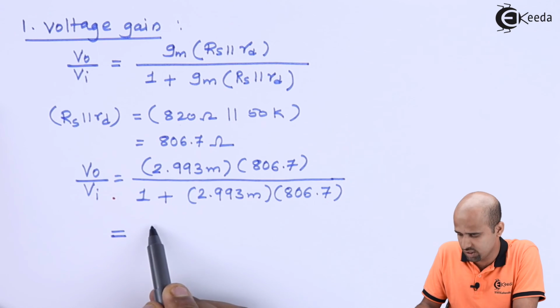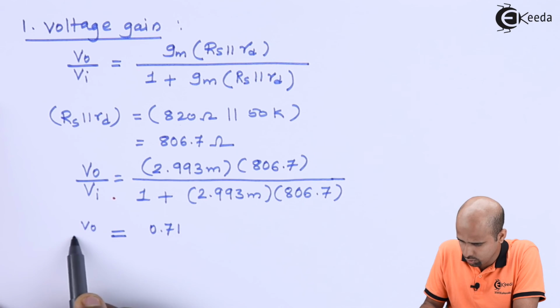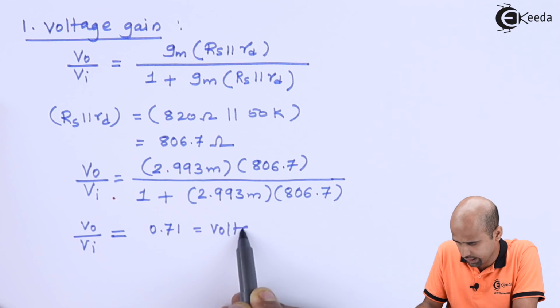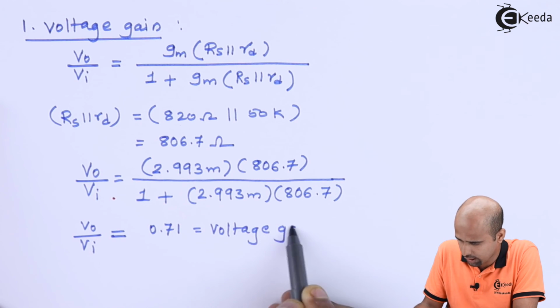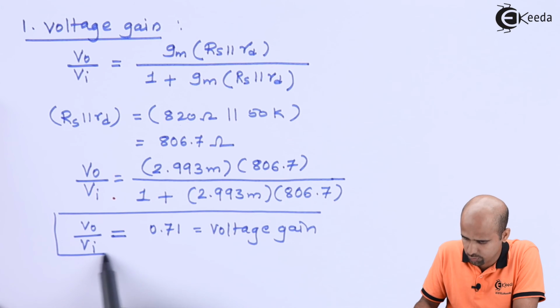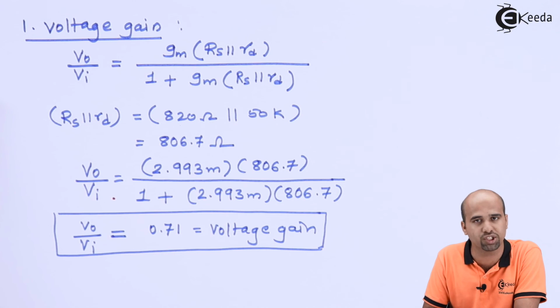So the answer is 0.71, VO divided by VI, and that is nothing but voltage gain. So we reach our first finding, whose value is 0.71 without any unit because it is a voltage to voltage ratio.